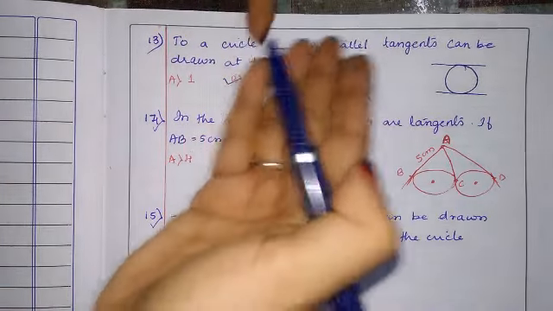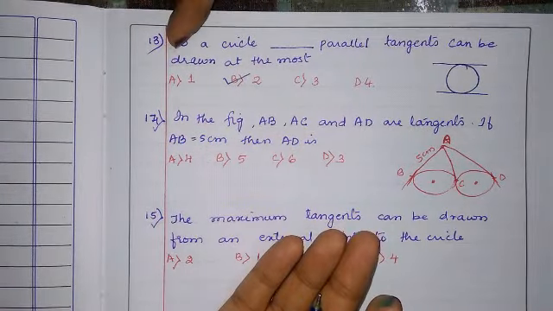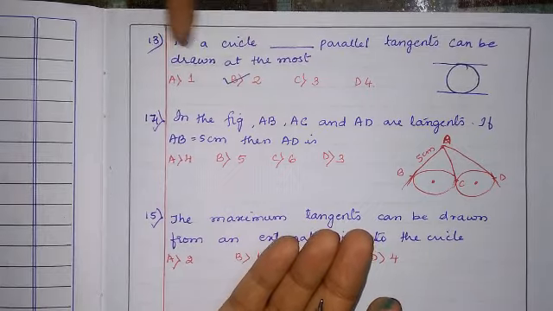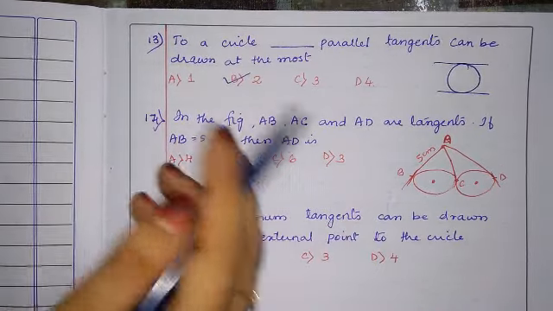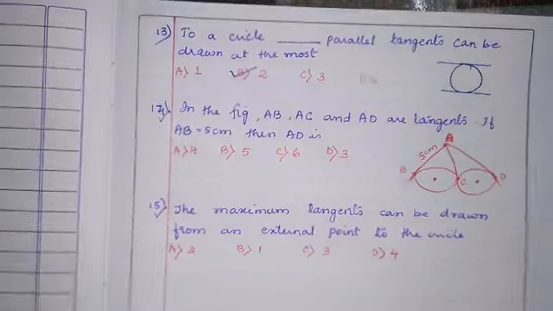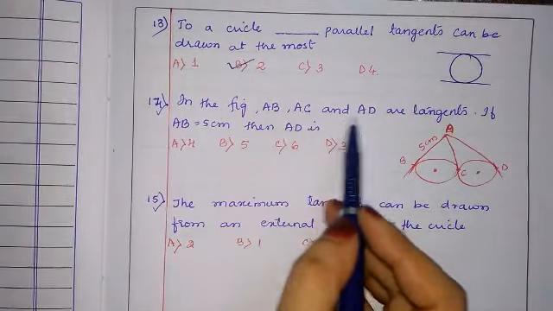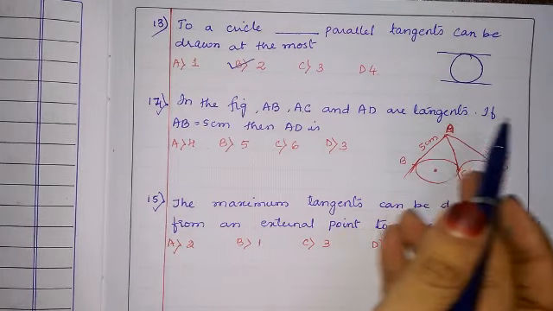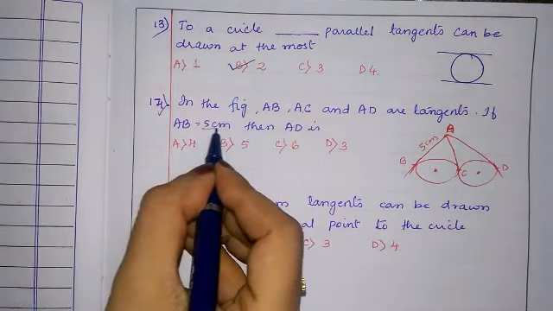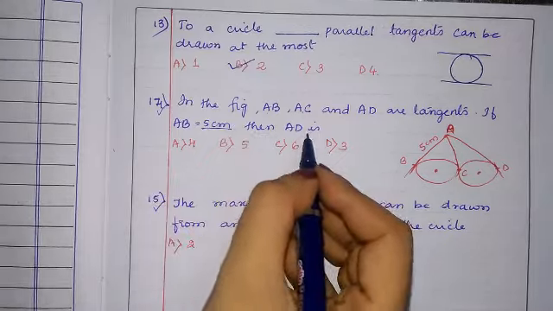This question may be interchanged and they may give you how many parallel tangents can be drawn in the circle. This is a model paper question. Now here you can see in the figure AB, AC and AD are tangents. If AB is equal to 5 centimeter, then AD is.